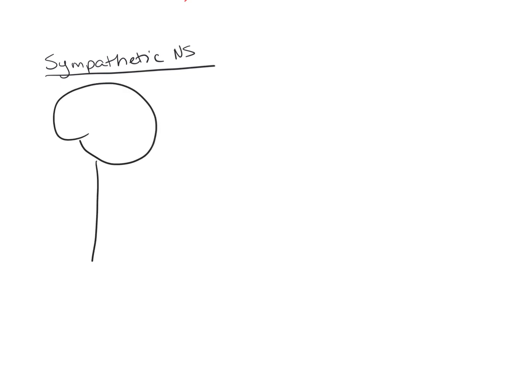Let's start by looking at the sympathetic division, or the sympathetic nervous system. The sympathetic nervous system has two lower motor neurons. So first of all, we're talking about the autonomic nervous system. And the autonomic nervous system, the upper motor neuron is always going to start in the hypothalamus.